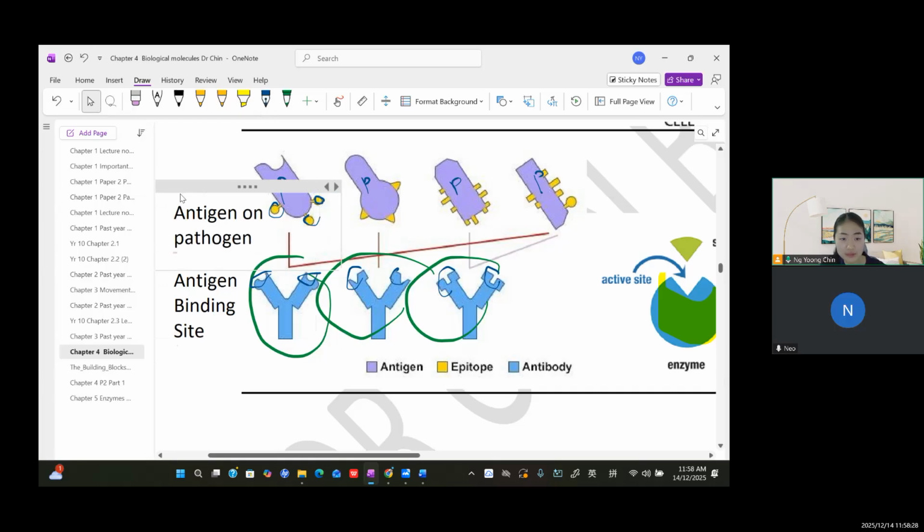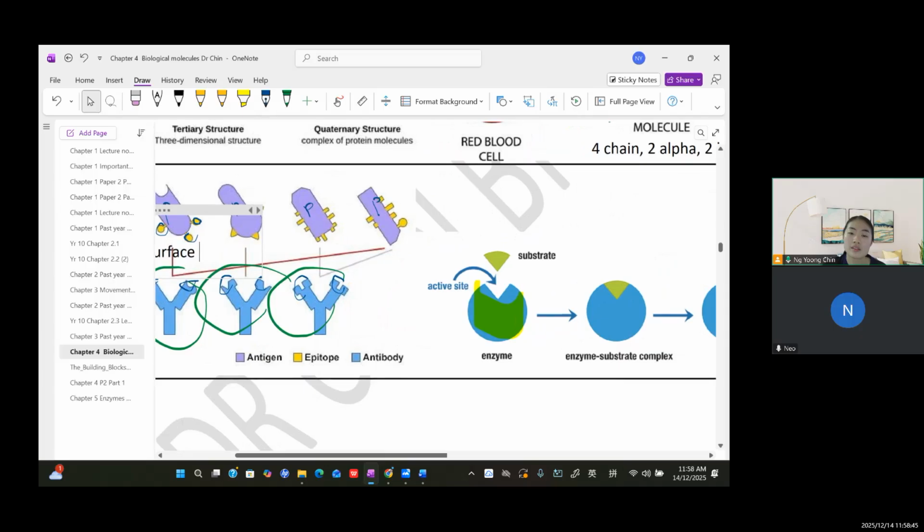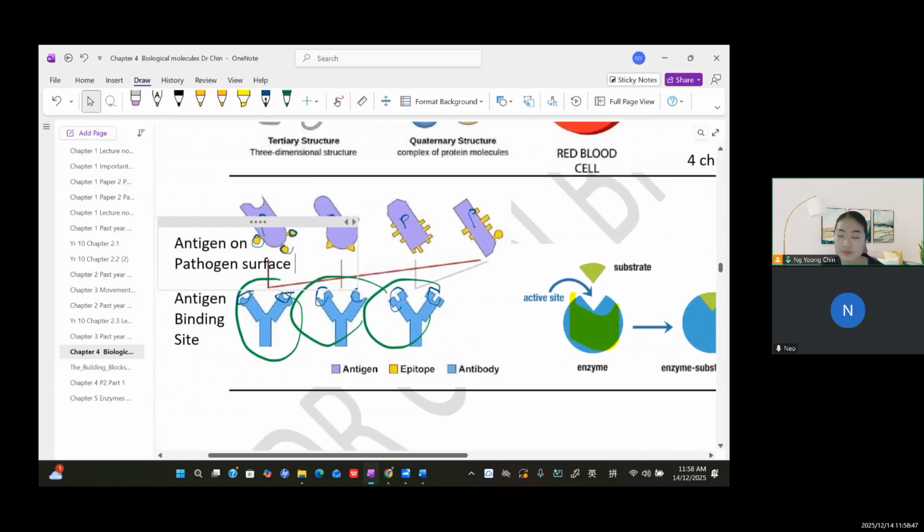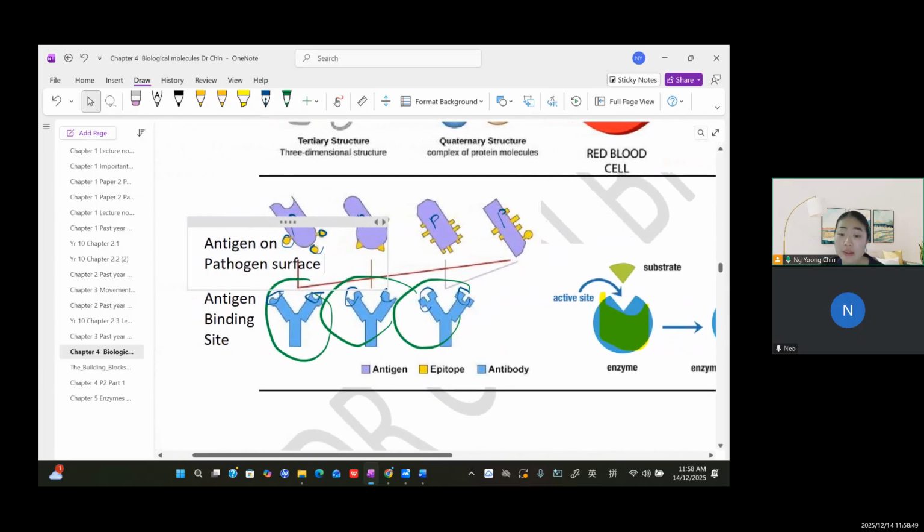So the antigens need to bind to the antigen binding sites on the antibody. At the end, they'll form the antigen-antibody complex. Because you have different types of pathogens, they need to be killed by different types of antibodies.